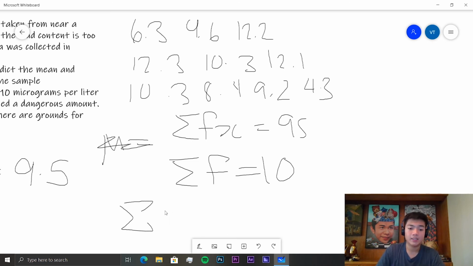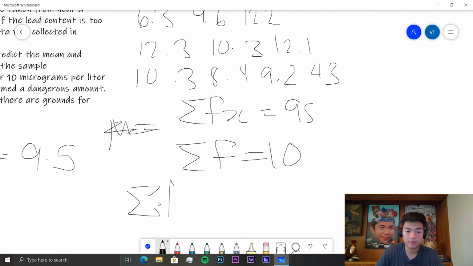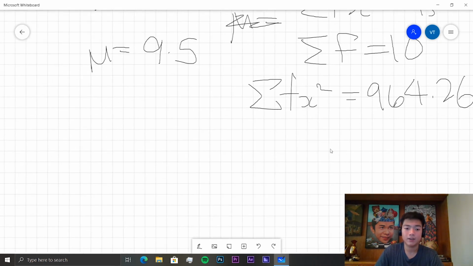You should get something like 964.26. Knowing this, we can calculate the standard deviation.